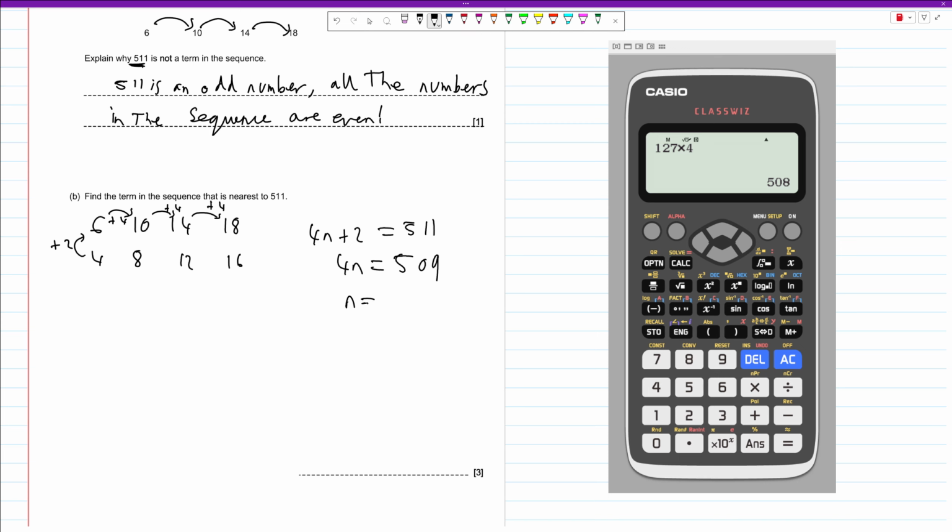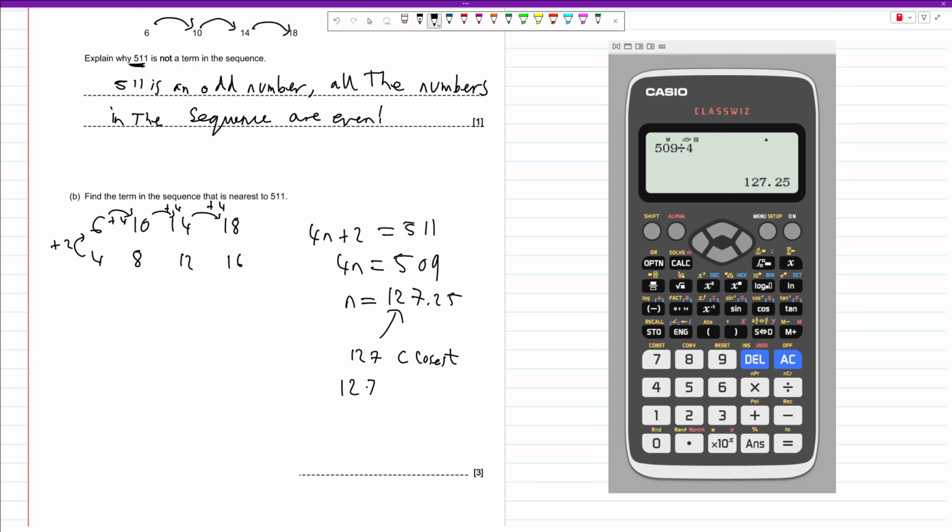Or we can divide this, which is probably the way that I'd prefer people to do it. So 509 divided by 4 gives me a decimal number, but it gives me 127.25. But that means that 127 will be the closest.